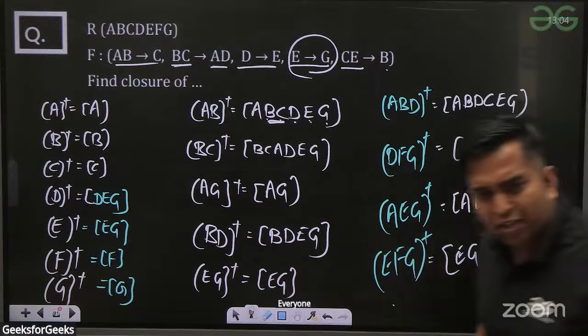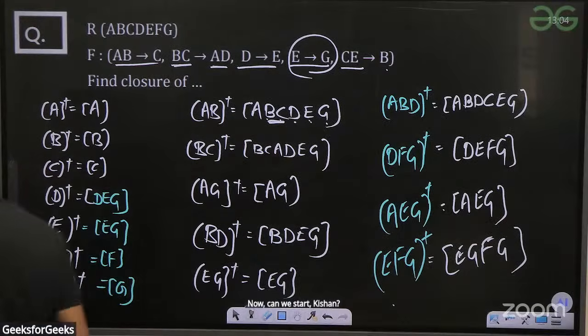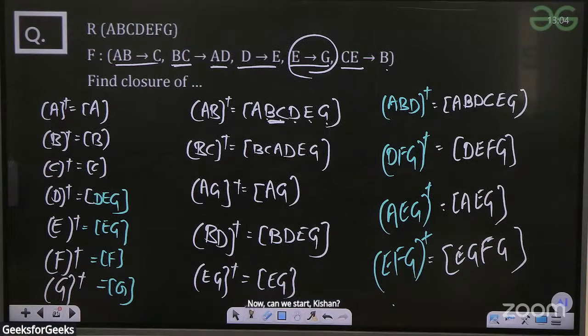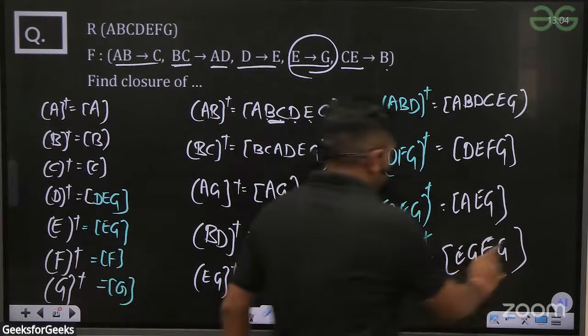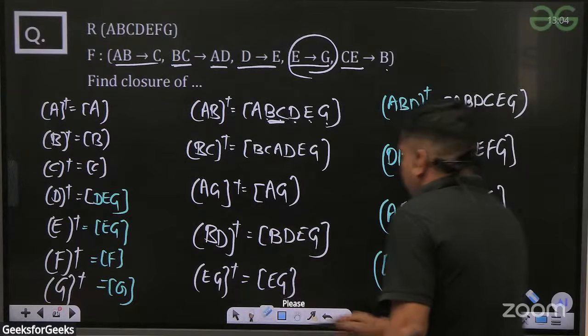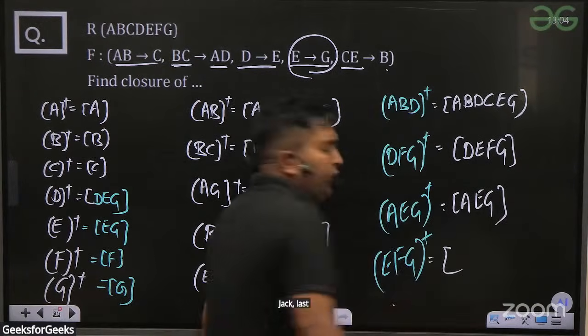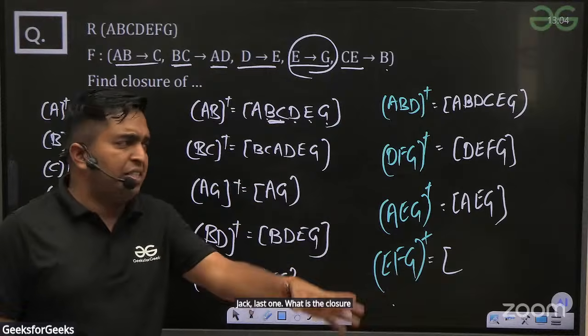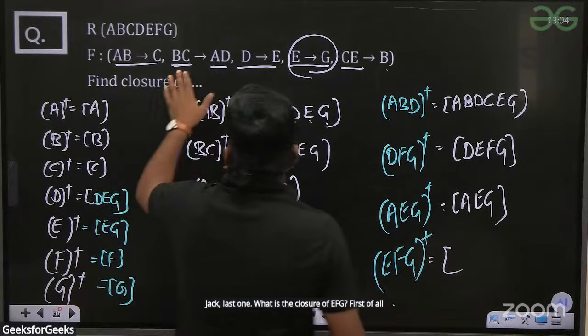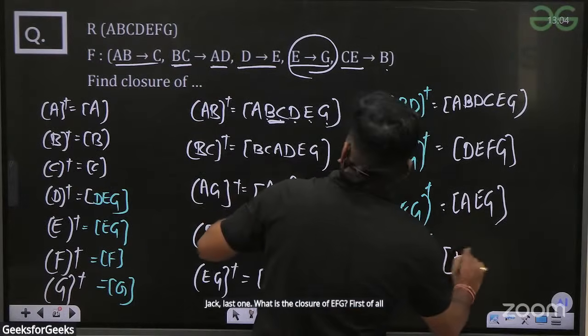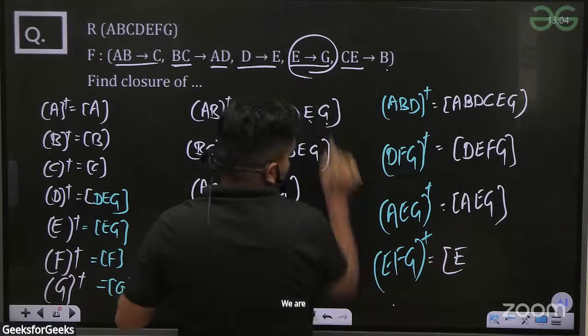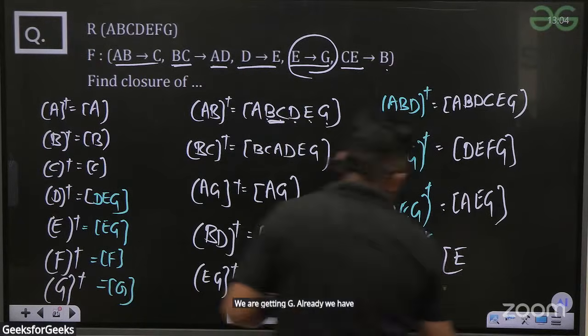Now can we start the next question? Please check the last one. What is the closure of EFG? First of all, from E we are getting G, we already have it.